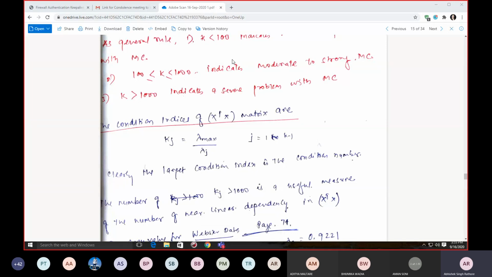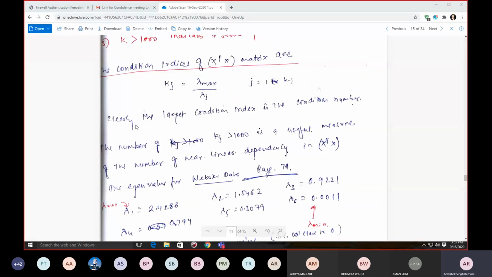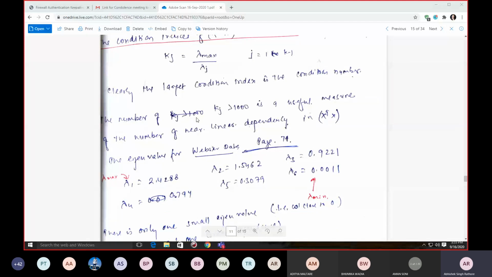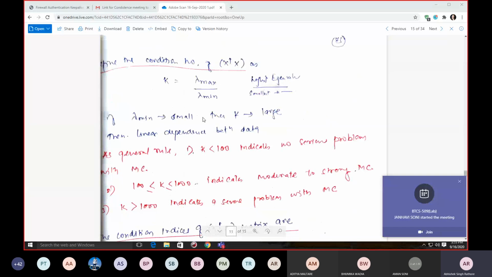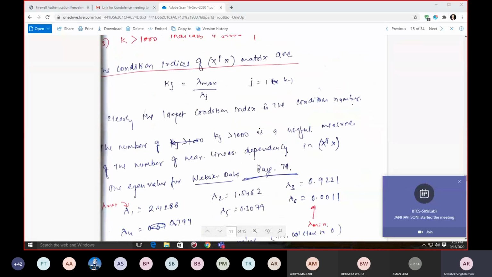So we consider lambda max versus particular attributes, from the first value up to k minus 1. If the value satisfies one of these ranges, then we can say that we have a strong correlation between them.